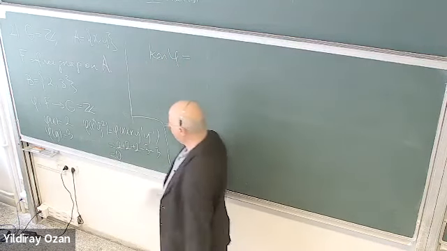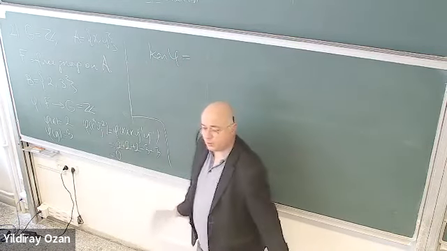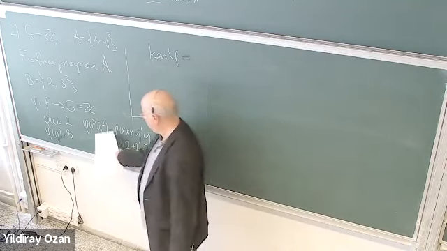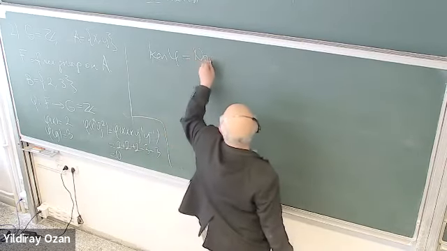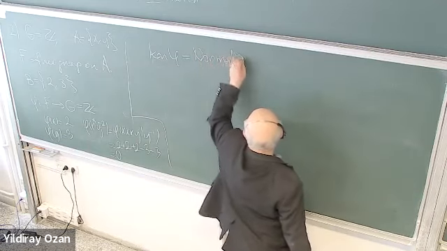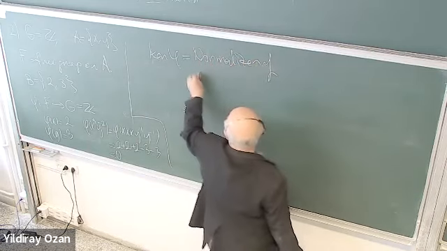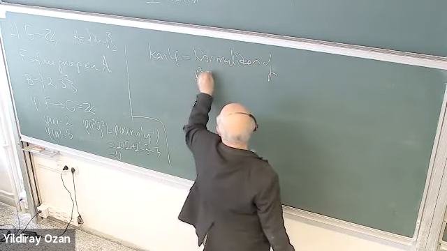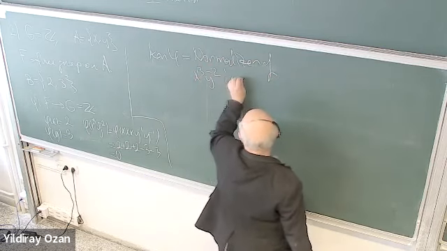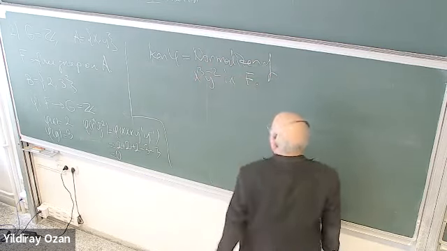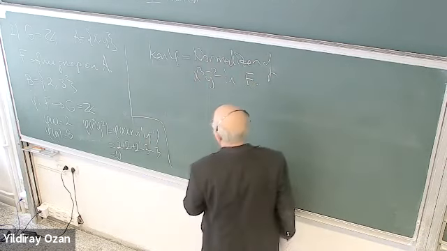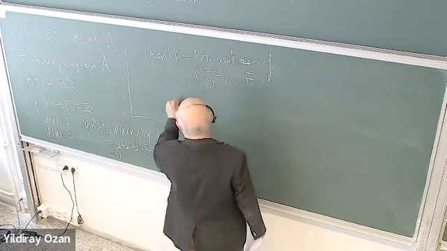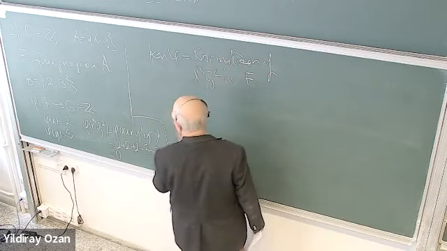Actually, the kernel is a normal subgroup, so it should be the normal closure of x cubed y to the power minus 2 in F. But we will write it this way.